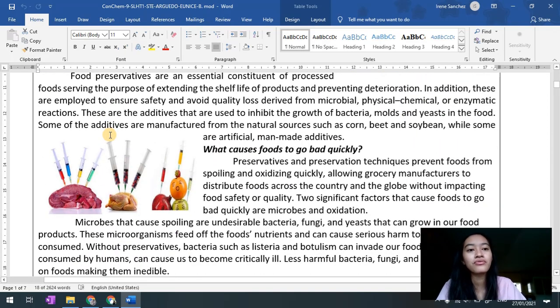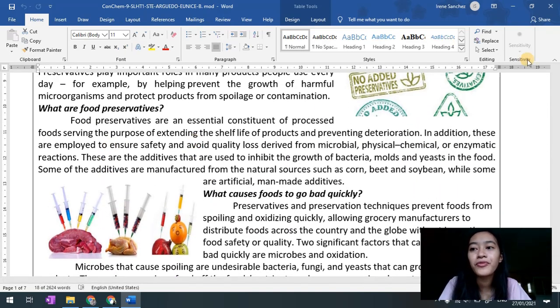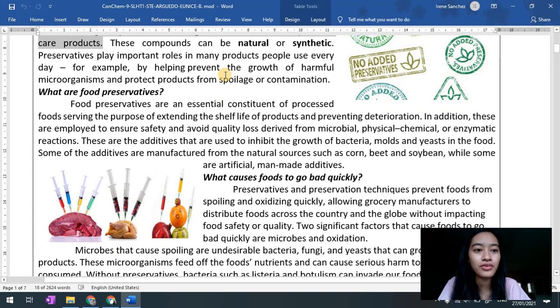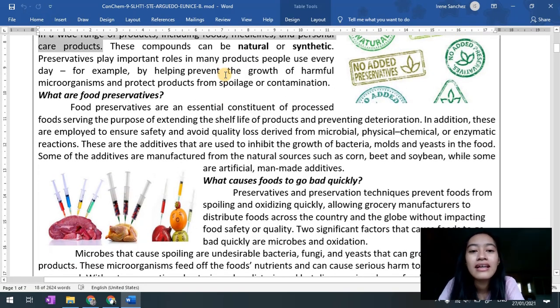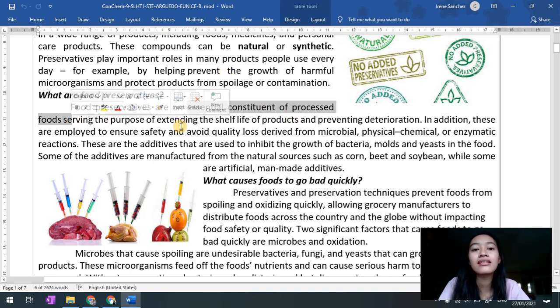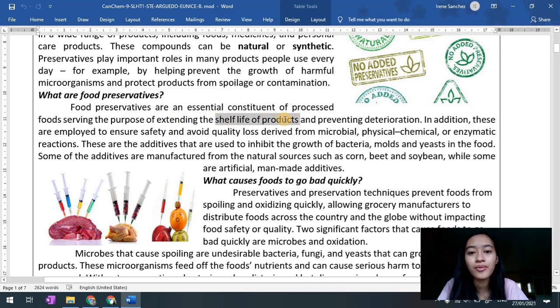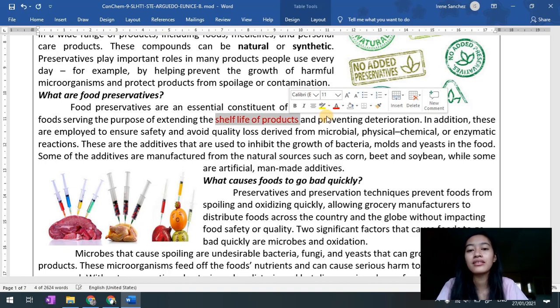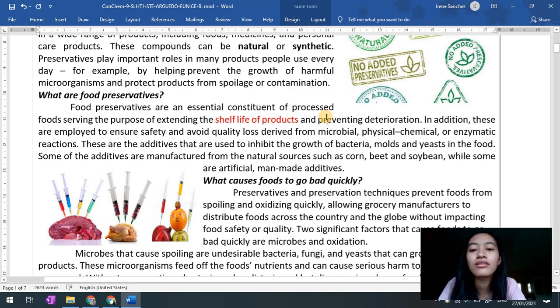So let's now go to food preservatives. What are food preservatives? Food preservatives are essential constituents of processed foods serving the purpose of extending the shelf life of products and preventing deterioration. So, increasing the shelf life and preventing it from being damaged.